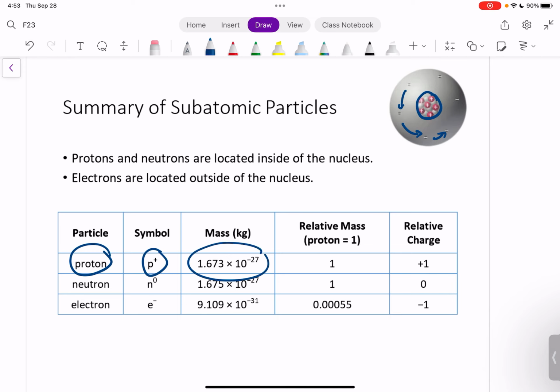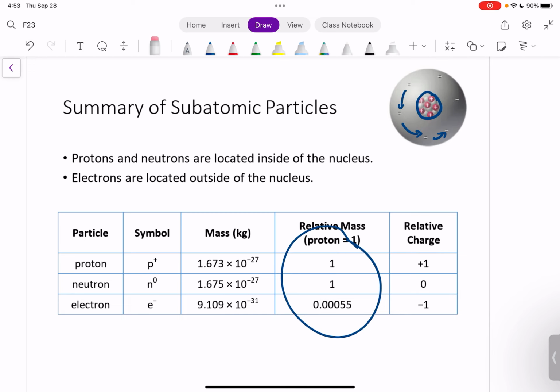We have the mass here, but we can also think of the relative mass. And what that means is, in terms of all of the other parts of our atom, how much is a proton kind of contributing to the mass of that atom? So in this case, you'll notice that for protons and neutrons, the relative mass is 1.